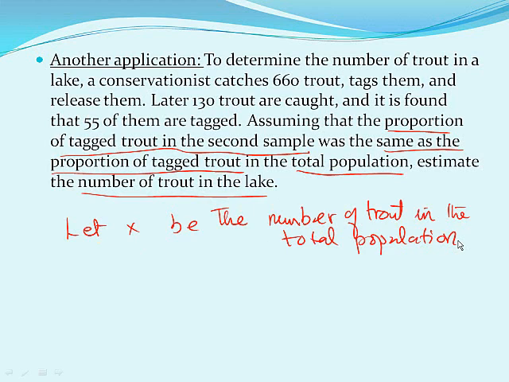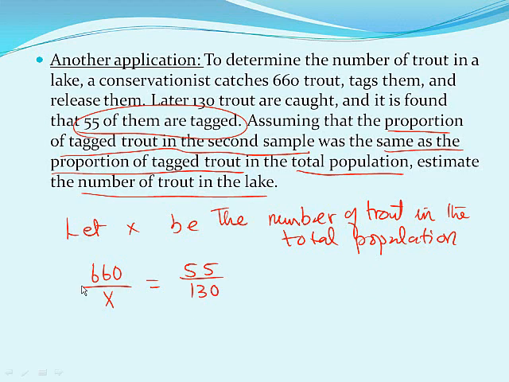Then we equate the two ratios. 660 is the number tagged, so that will be proportional to x, and that will be equal to 55 of the second sample that were tagged. We had 130 in that sample, so the ratio will be 55 out of 130.